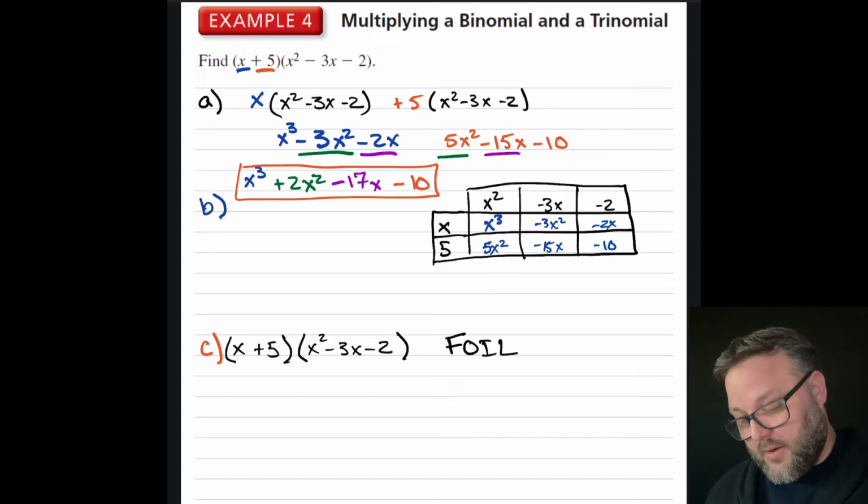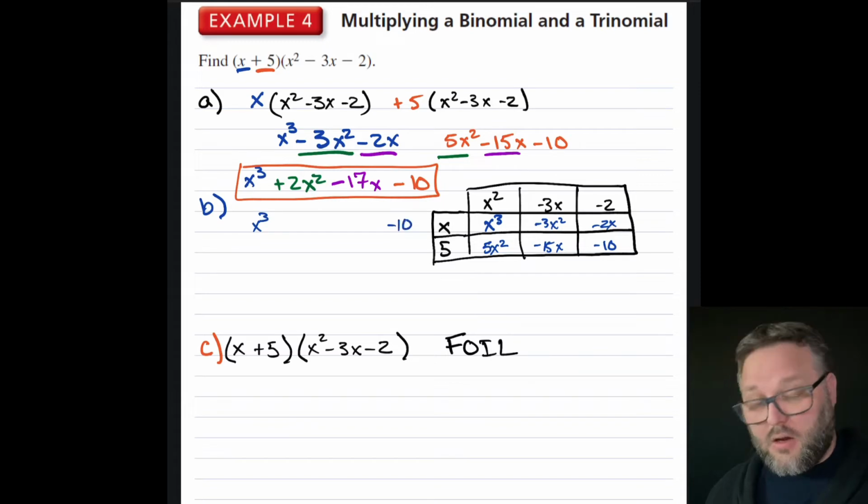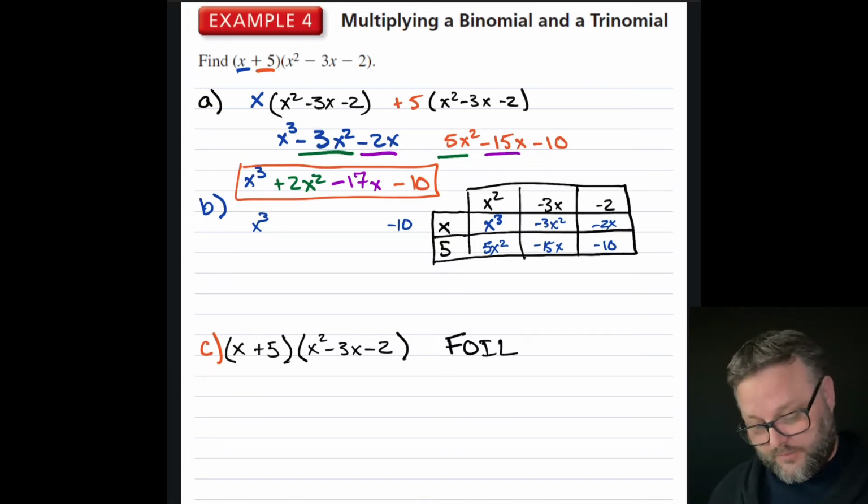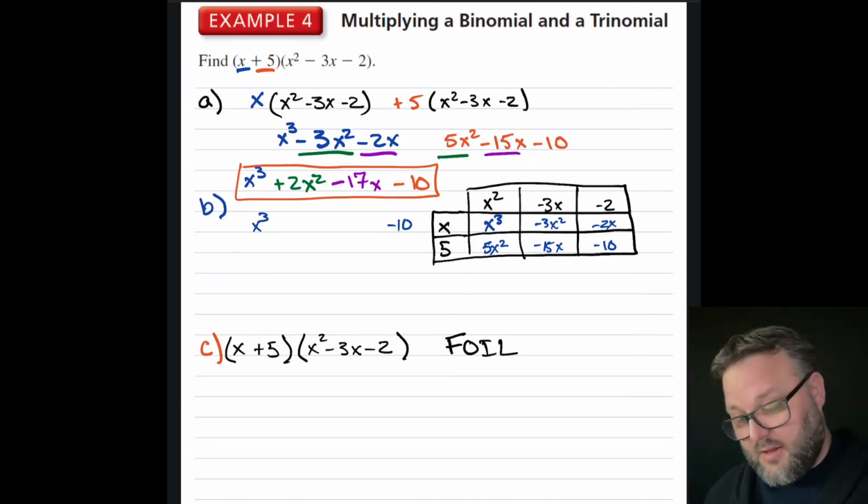I know that my x cubed and my minus 10 are going to be alone. I can look at the table and know that negative 10 is the only one without a variable, and the x to the third is the only one with a power of 3. So those are going to stand alone. I can then say, here's an x squared and here's an x squared.